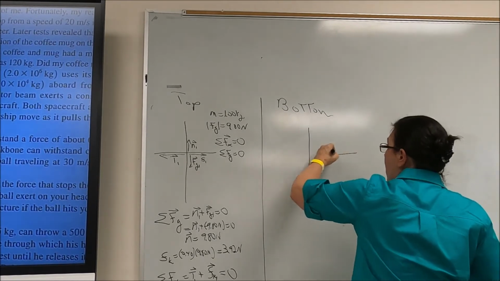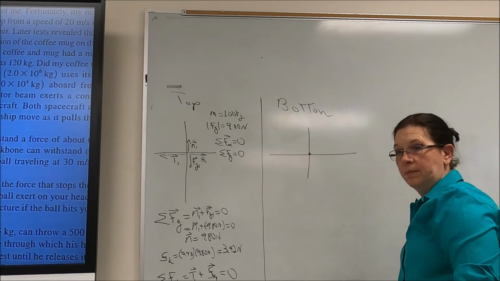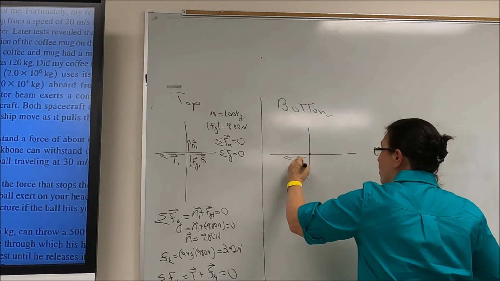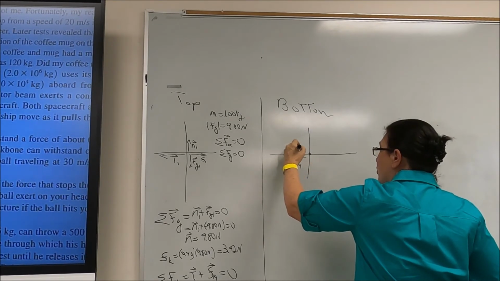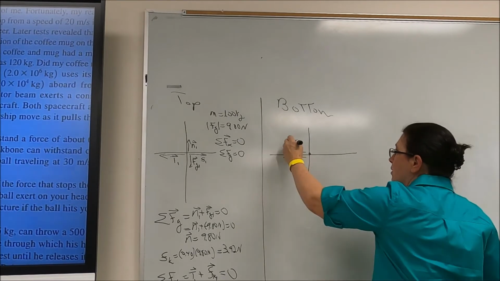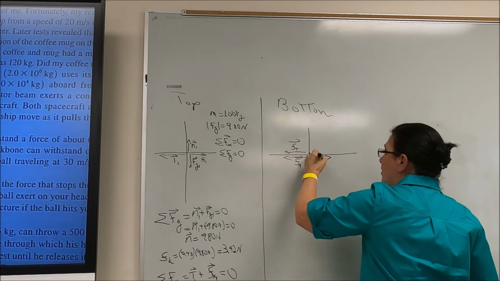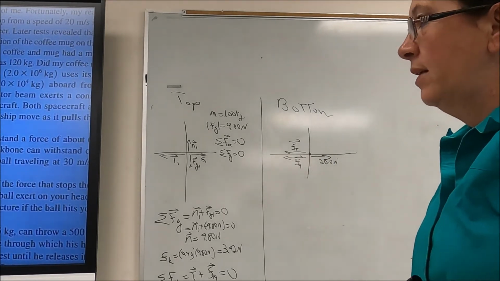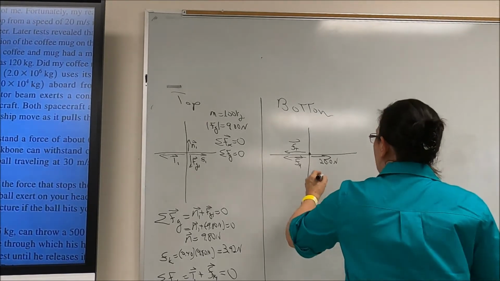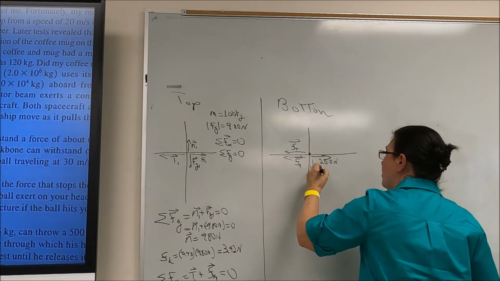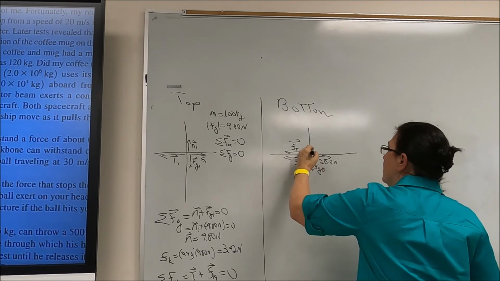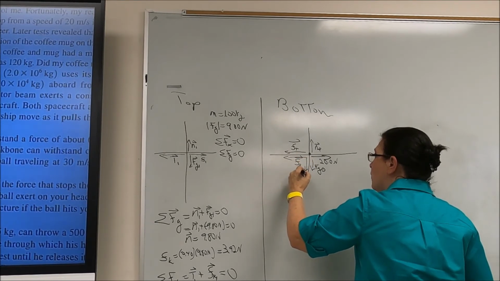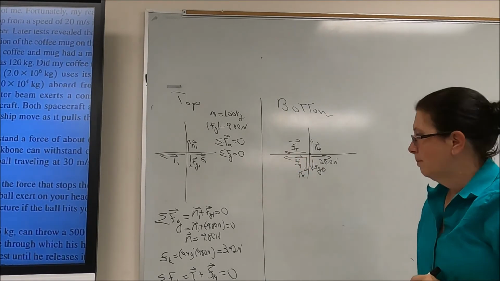Now, if we look at the bottom block, okay, there's a frictional force with the floor, a frictional force from the top, and there is that 20 newton force that's being applied to it. Now, there's a force due to gravity. I'll put B for bottom. There's a normal force from the floor, and there's also a normal force from the top block.